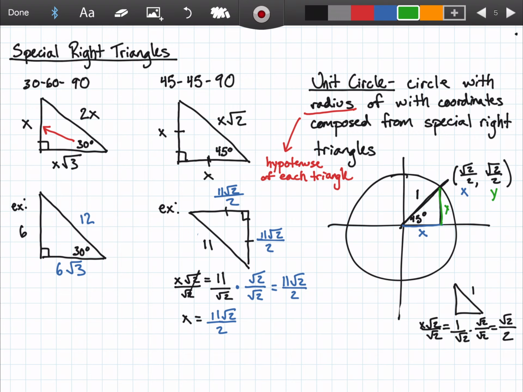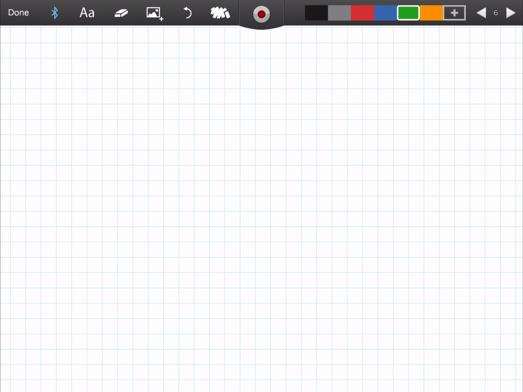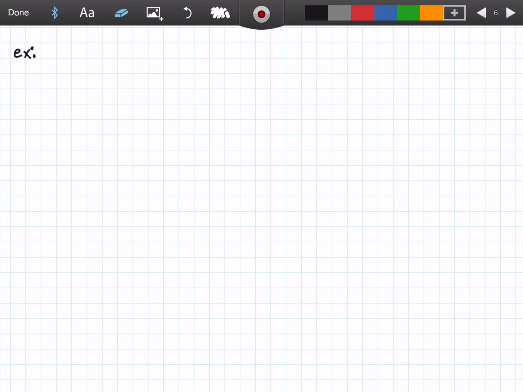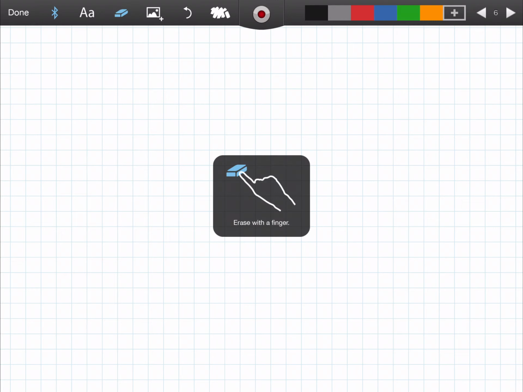And so I'm not going to include a picture here of the unit circle, mostly because I forgot to do that beforehand. I'm just going to draw stuff, but you have the picture of the unit circle in your notes. And so, here, let me actually erase.